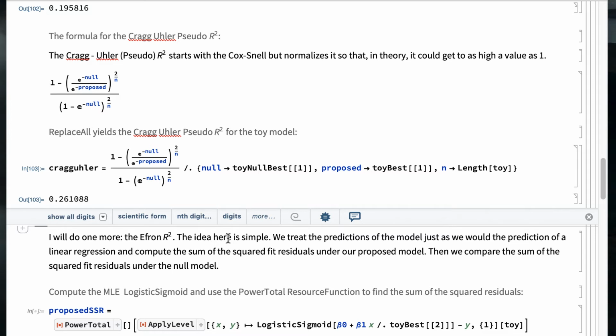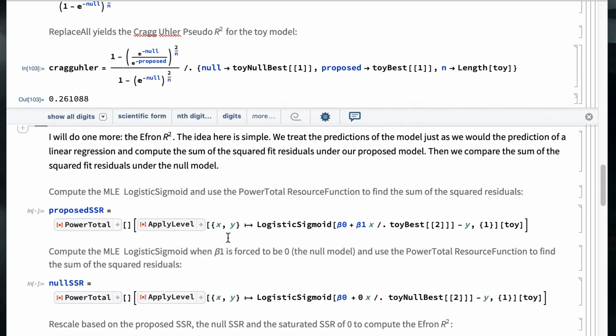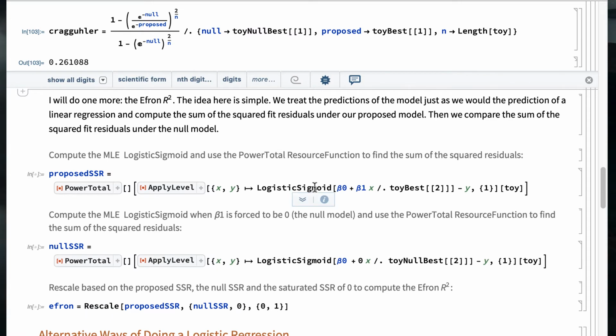One more. Efron. Efron is easier. You pretend that you're dealing with linear regression, and you basically sum the squared residuals. That is, you look at what would your model predict minus what's the actuality.